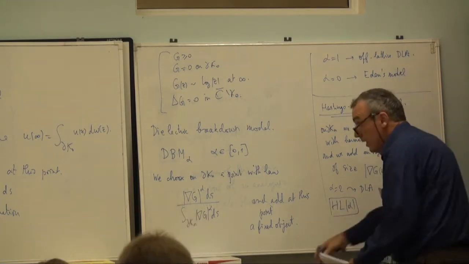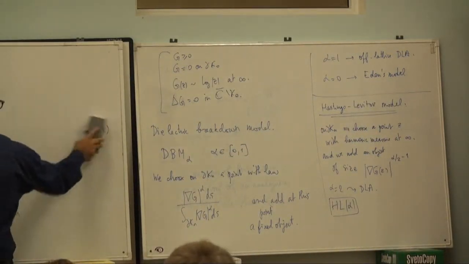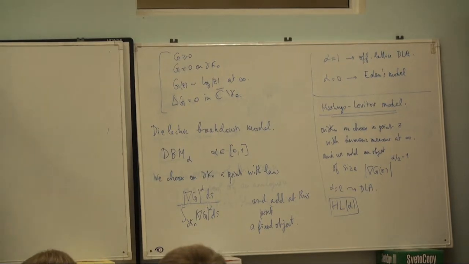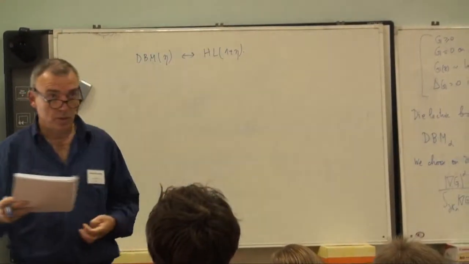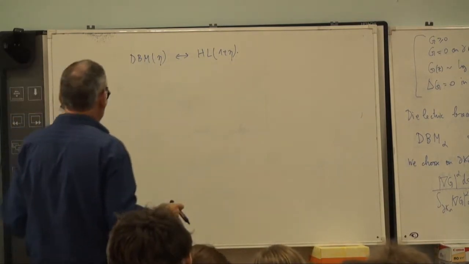I define this as that, and some heuristics indicate that DBM eta will be essentially the same as HL 1 plus eta.